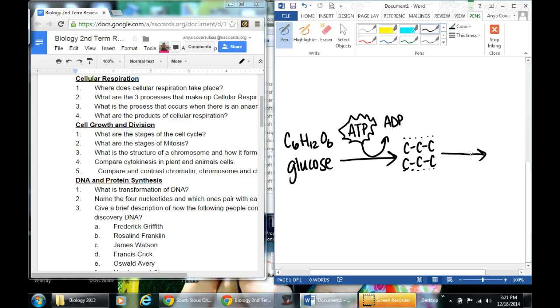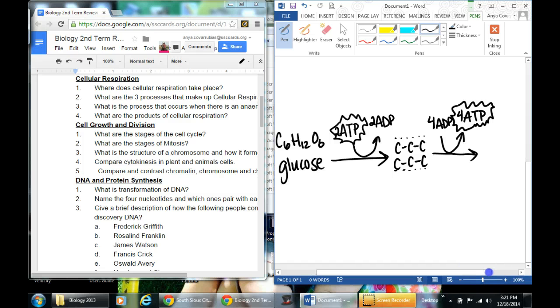And these extra electrons are going to be plucked off, and so we're going to turn 4 ADP molecules, and we're going to use these electrons to make ATP, 4 ATP. And by the way, this is 2 ATP that turn into 2 ADP there. Okay, so with this, we end up making 2 pyruvates.